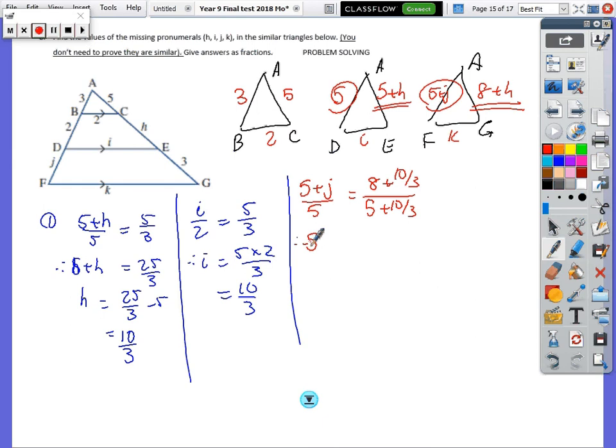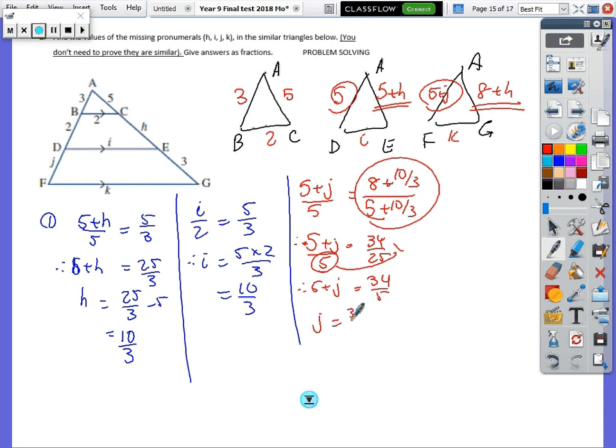So 5 plus J. Simplify that, and you get 34 on 25. So 5 plus J equals, multiplied by 5, cross multiply, and you end up with 34 on 5. So J equals 34 on 5 minus 5 equals 9/5.